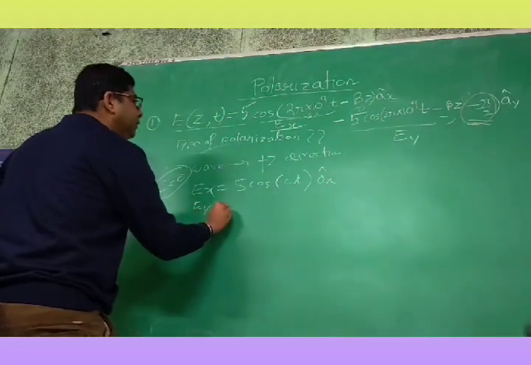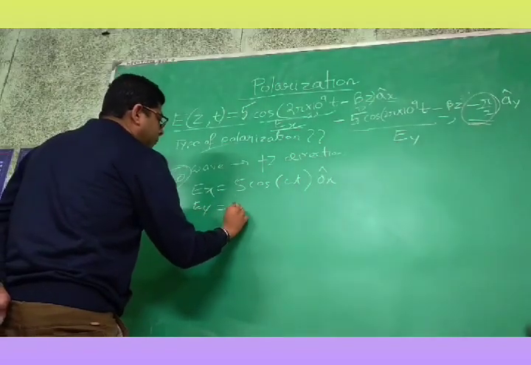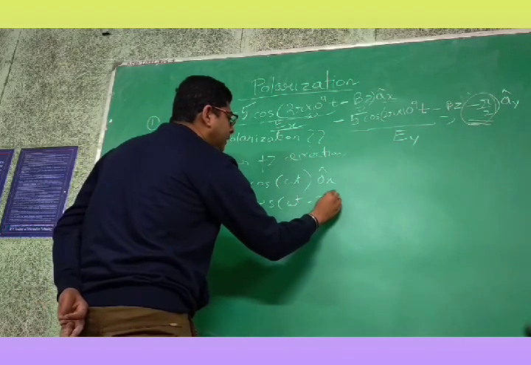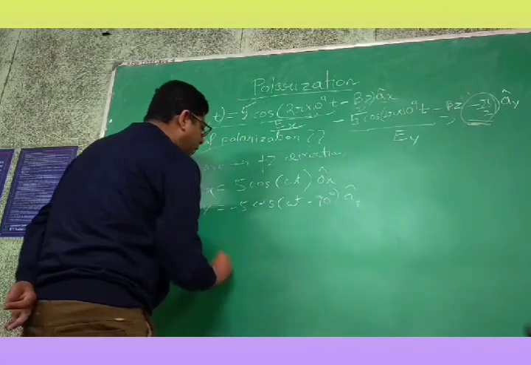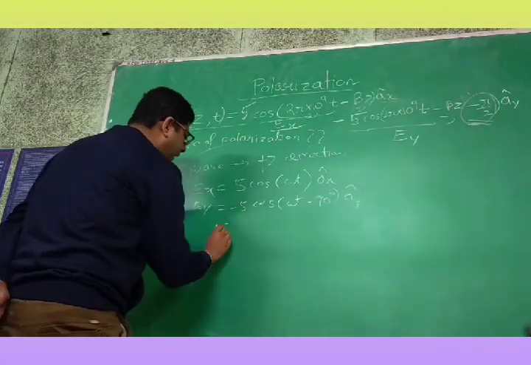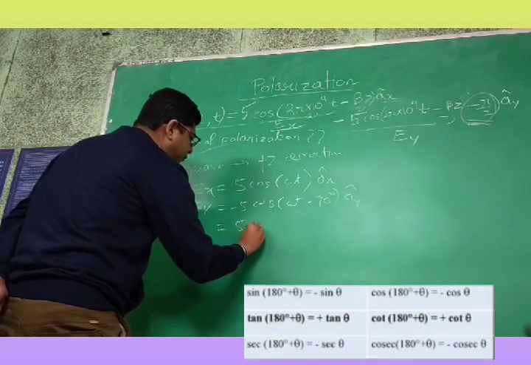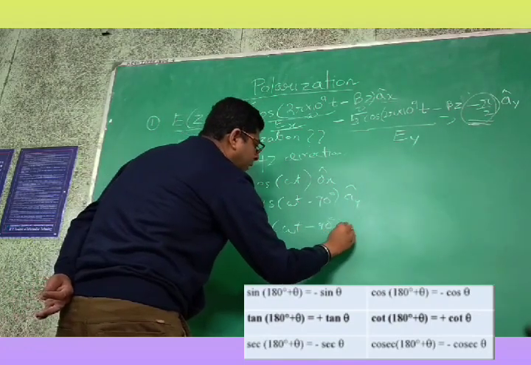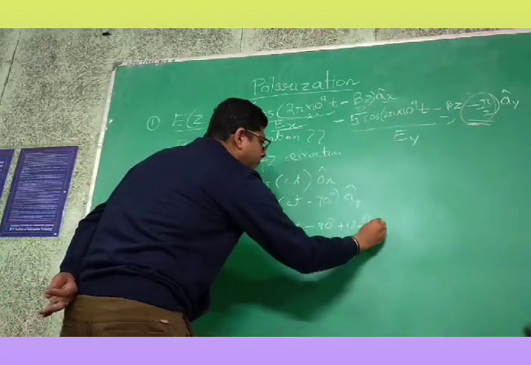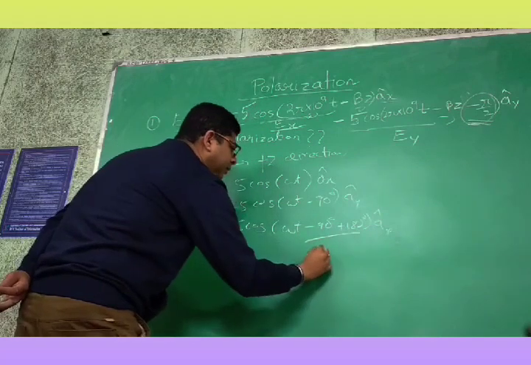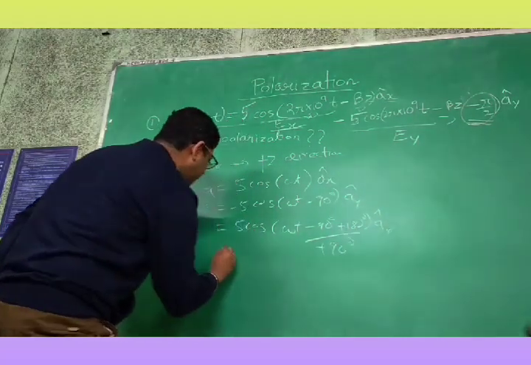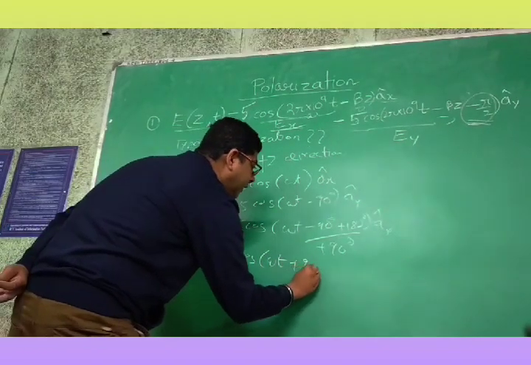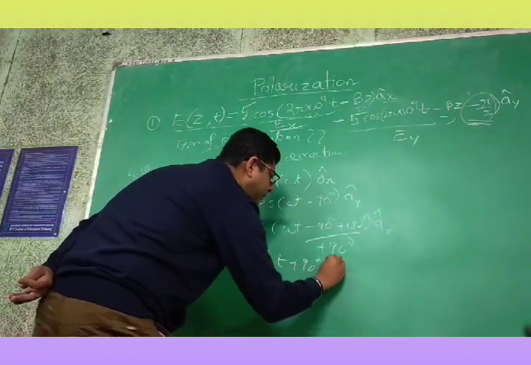Ey is basically minus 5 cos omega t minus 90 degree, and I have taken the minus into account by adding a 180 degree. So 5 cos omega t minus 90 degree plus 180 degree Ay. This one is basically minus 90 degree, so that means 5 cos omega t plus 90 degree Ay cap.